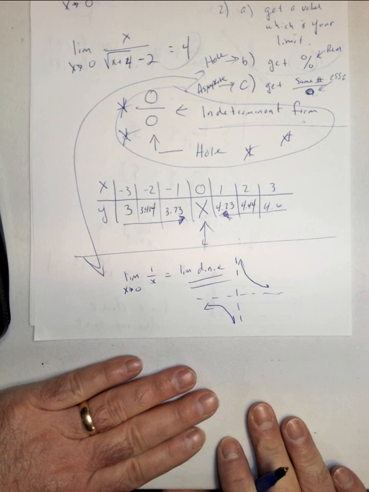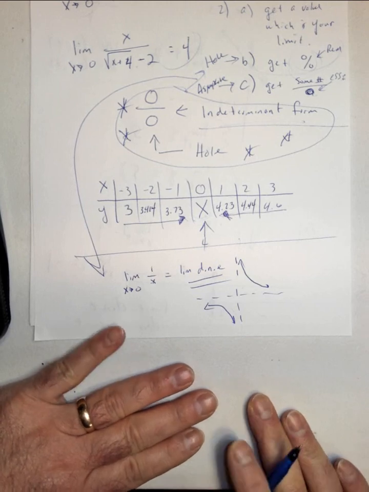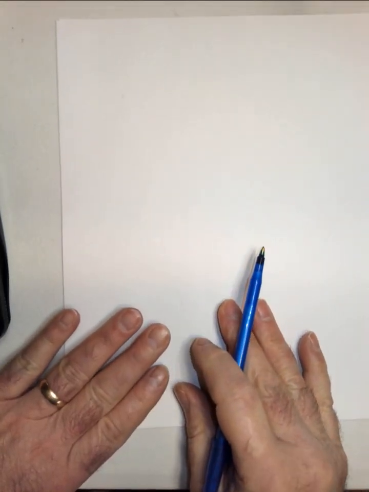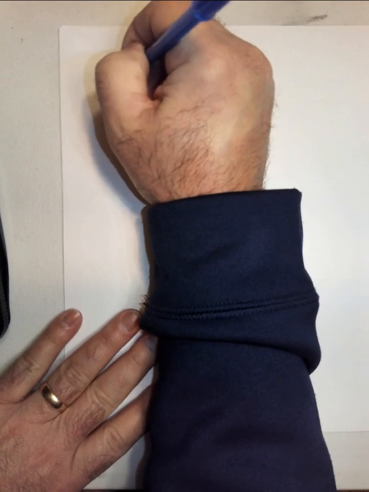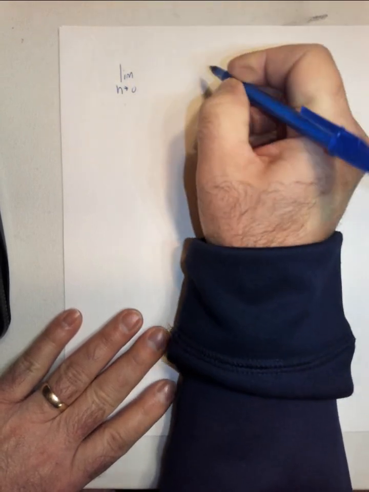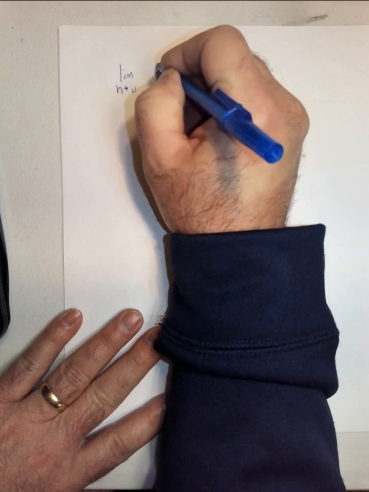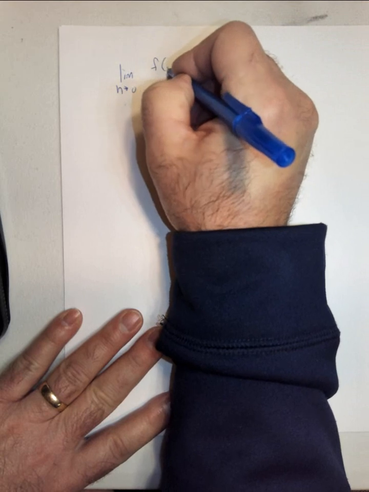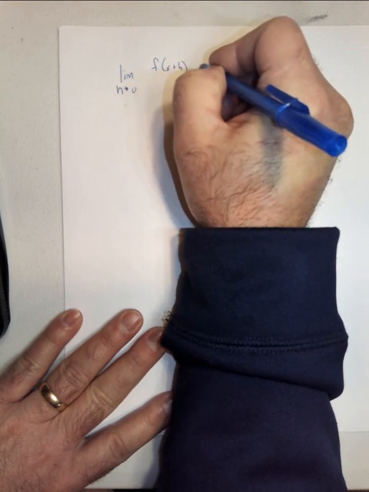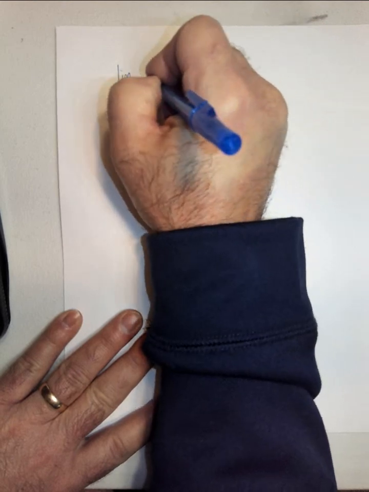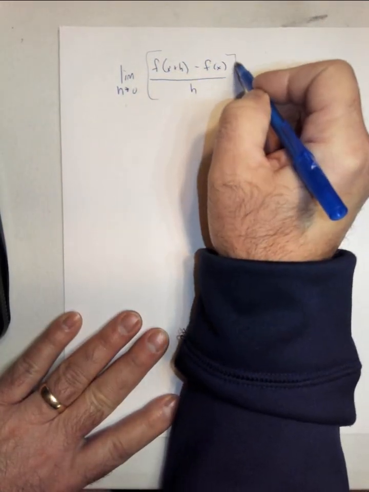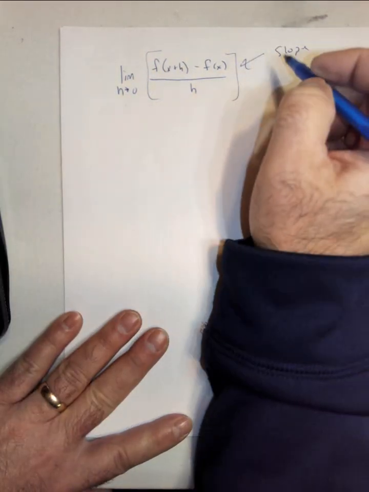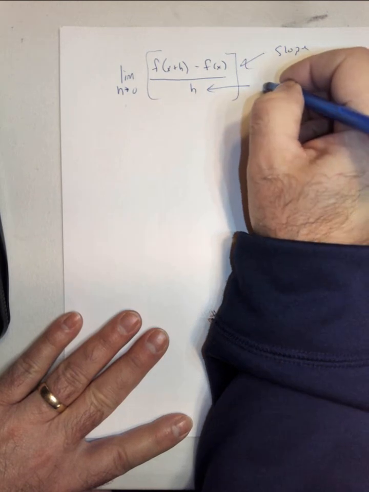Because if we're going to start talking about derivatives, we know that my definition of a derivative is the limit as h goes to 0 of f of x plus h minus f of x over h, which is just your slope formula, and we'll go through all that again. h, remember, is your change in x.